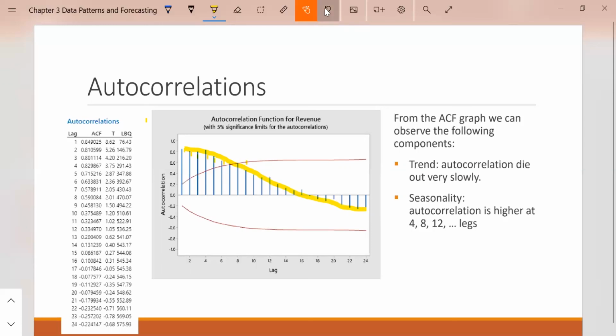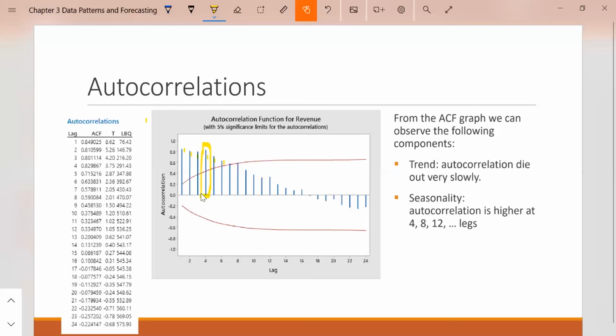Okay. Next thing we want to identify is the seasonality, right? Since we are looking at quarterly data, we know the seasonal time lag will be 4. So we should focus on lag 4, which is this guy right here.